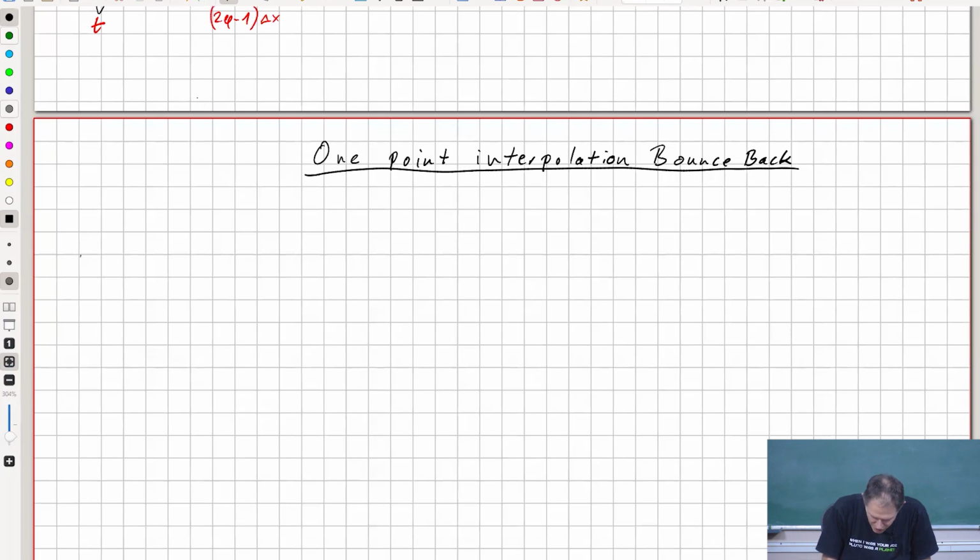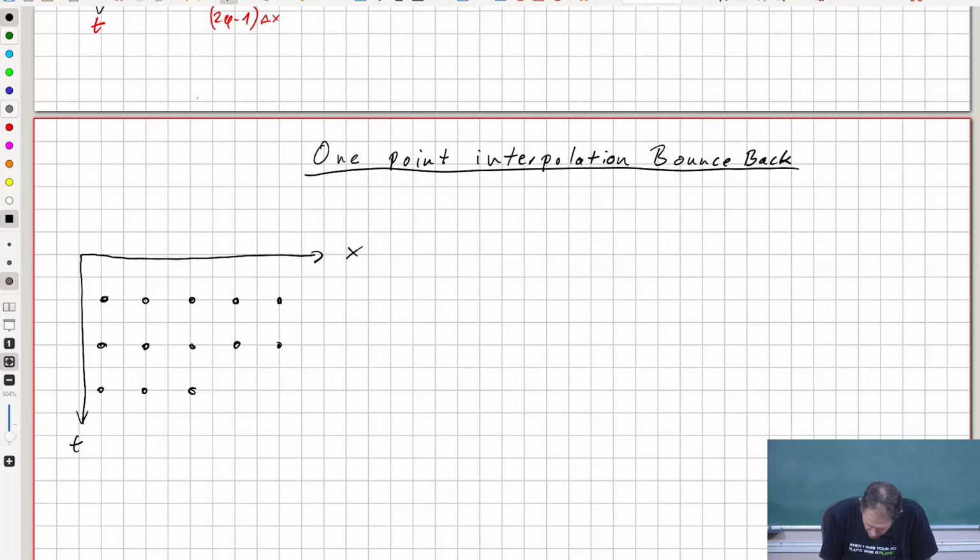Let's draw the picture again. Having here an X and having here a T, and here are our nodes. And now we have a boundary someplace here. Here would still be the nodes.